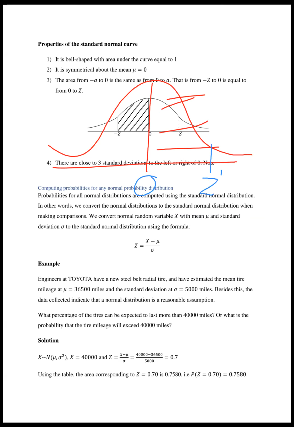Let's call this a z value, z critical. On this side we have negative z critical.